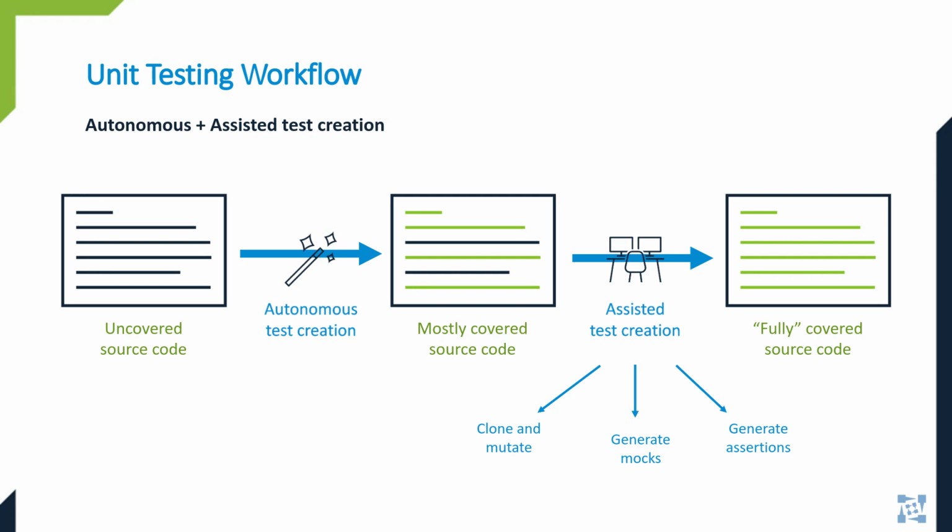And this is where assisted test creation comes in, because going again from 30% to 70%, or going from 40% to 70%, those are big gains when it comes down to achieving high code coverage numbers and achieving good application quality.